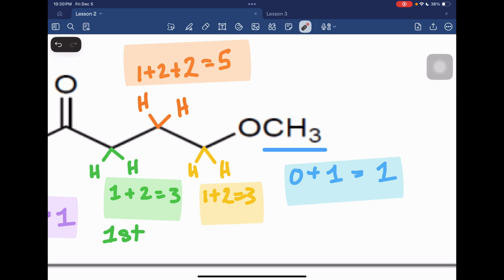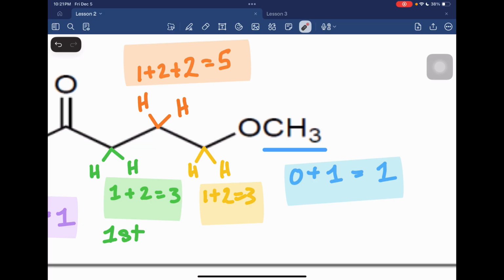So next, let's skip this one. Next, let's focus on this side. OCH3 versus CH2. They are the same distance from oxygen, right? They're separated by a single bond. So which one do you think would be the most deshielded? It would be this one, right?